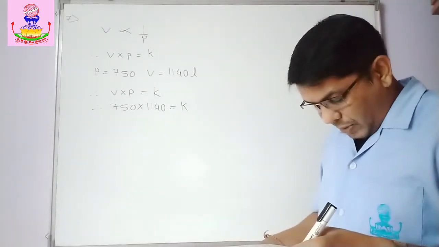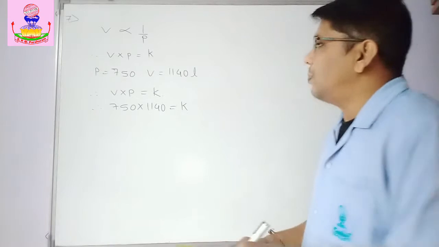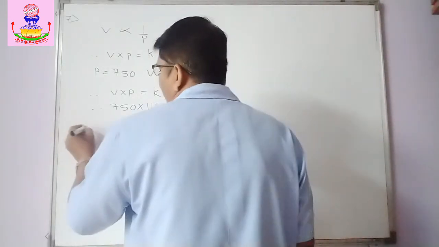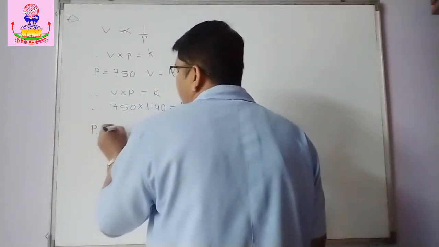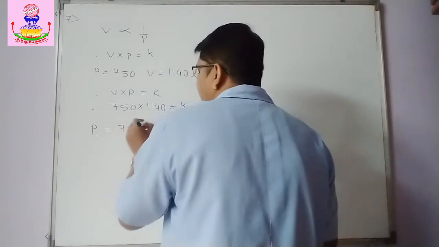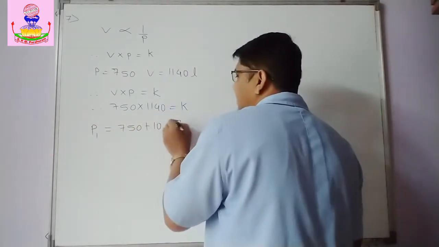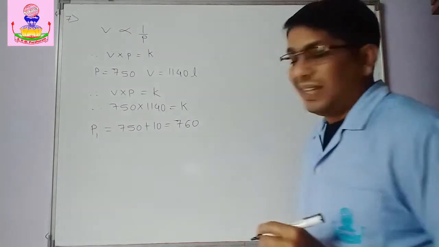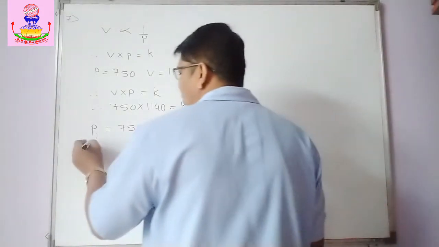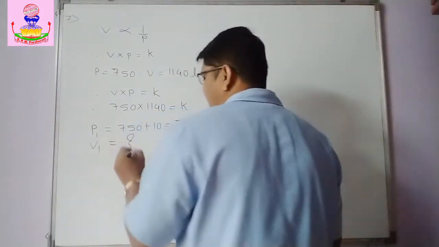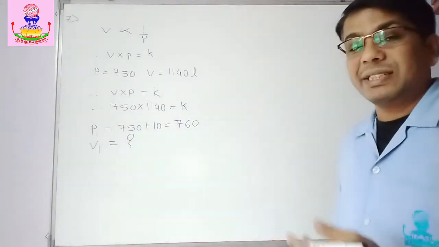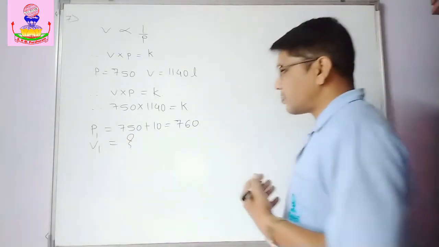Now, if the pressure is increased by 10 units, so P1 is 750 plus 10, that is 760. Then what is the change in the volume? So we want to find V1, and then whether it increases or decreases.